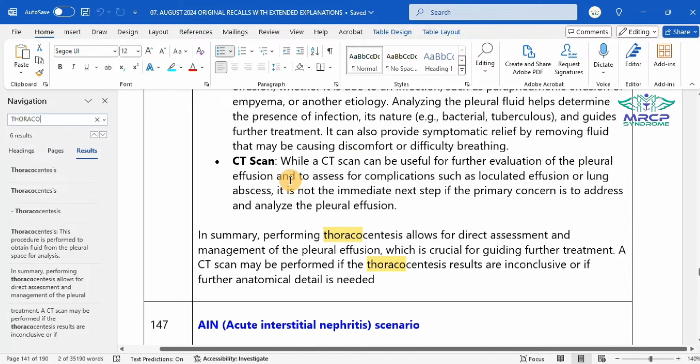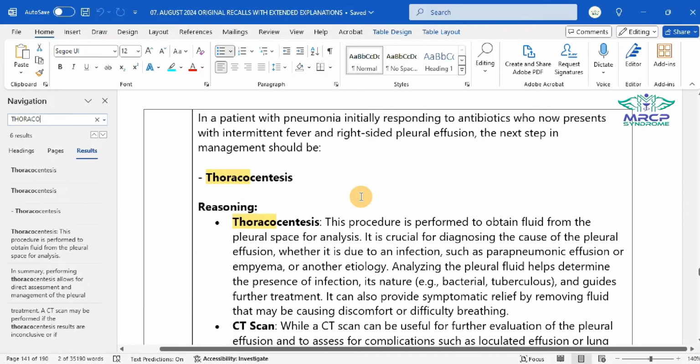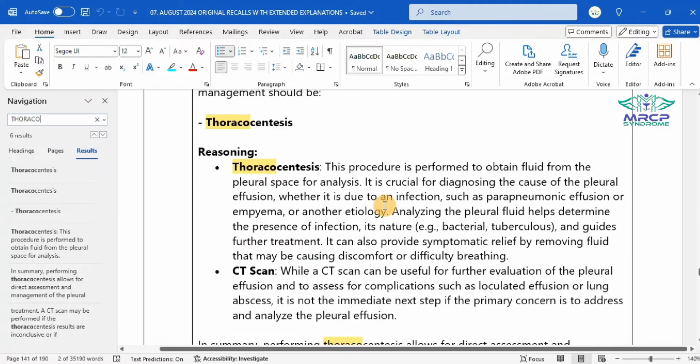And with respect to the CT scan, it can be useful for further evaluation of the pleural effusion and to assess for complications such as loculated effusion or lung abscess, but this is not the immediate next step if the primary concern is to address and analyze the pleural effusion. So the next step would be thoracentesis, and depending on the interpretation, we can decide whether the patient will need a CT scan or not.